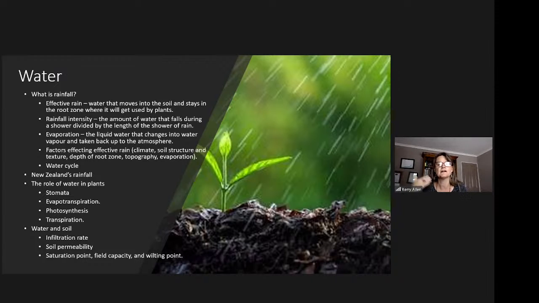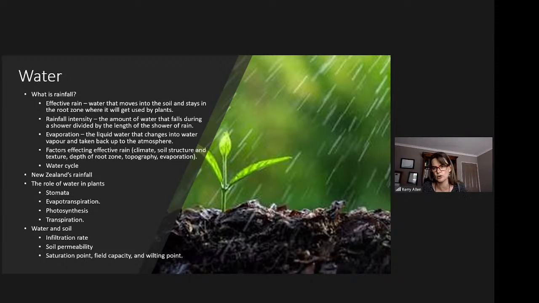Evaporation is how much is evaporated by wind or by the sun, and that reduces the amount of water you have. So we have evapotranspiration rates that you need to understand. That's how much rainfall has occurred, how much evaporation has occurred, but also how much transpiration the plant has carried out. Most papers have those in there.